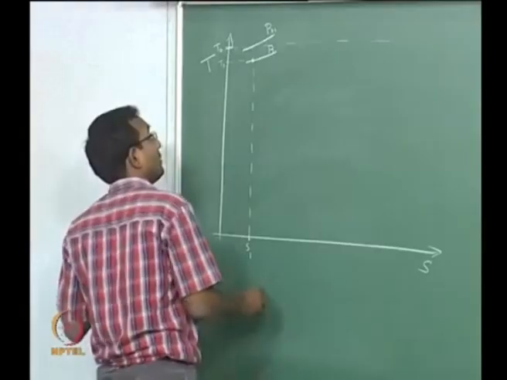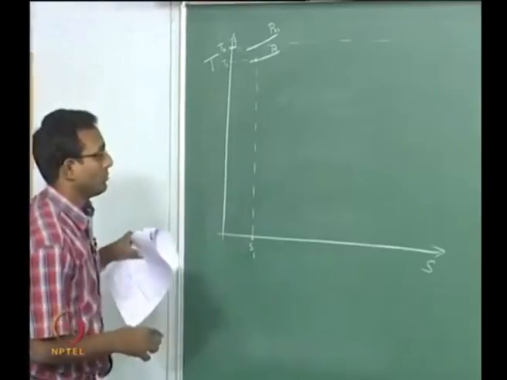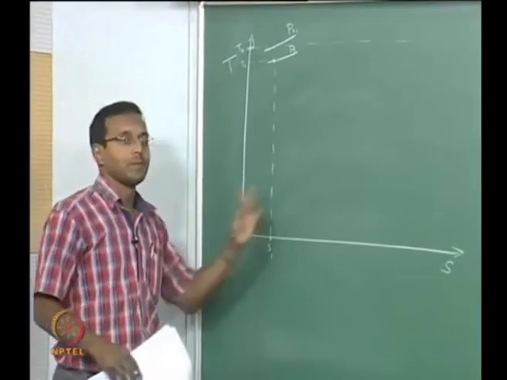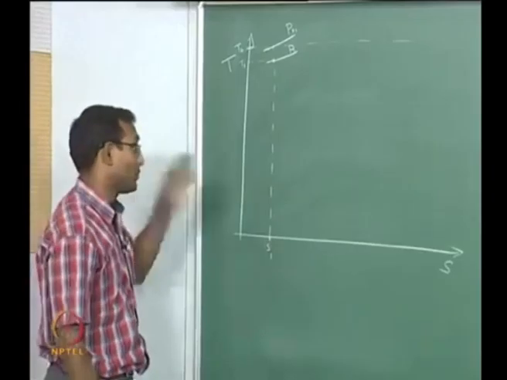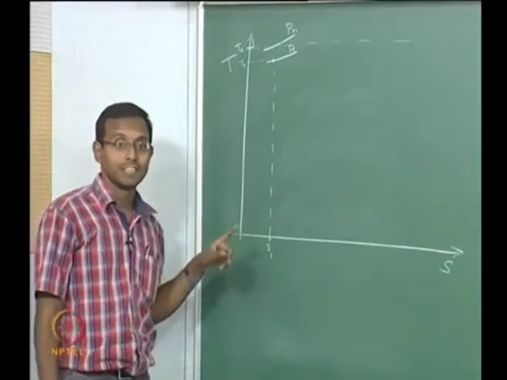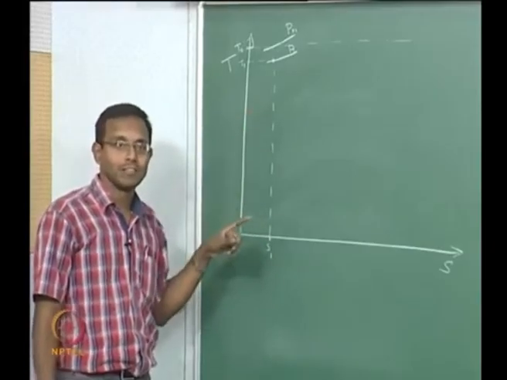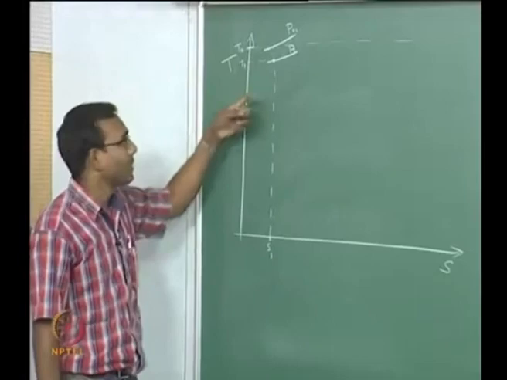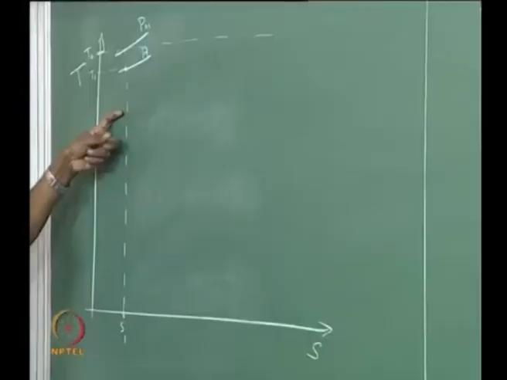From here, if I go some length inside my duct, what should happen? My entropy should increase and my Mach number will increase. I said it is subsonic, so Mach number will increase, which means my temperature will decrease. So I am going to go to slightly lower temperature and higher entropy.